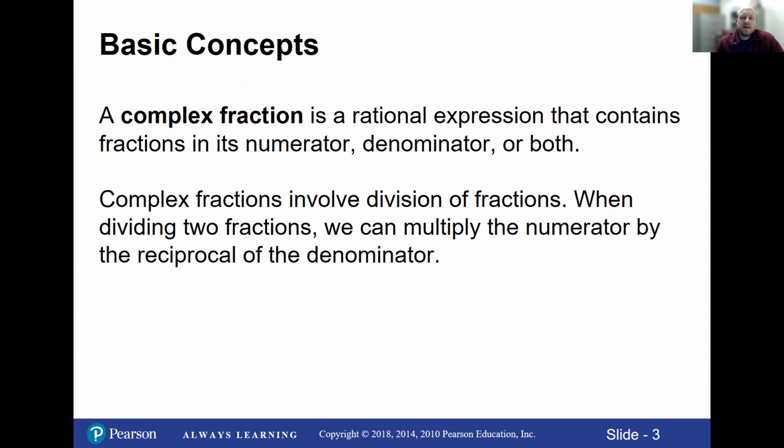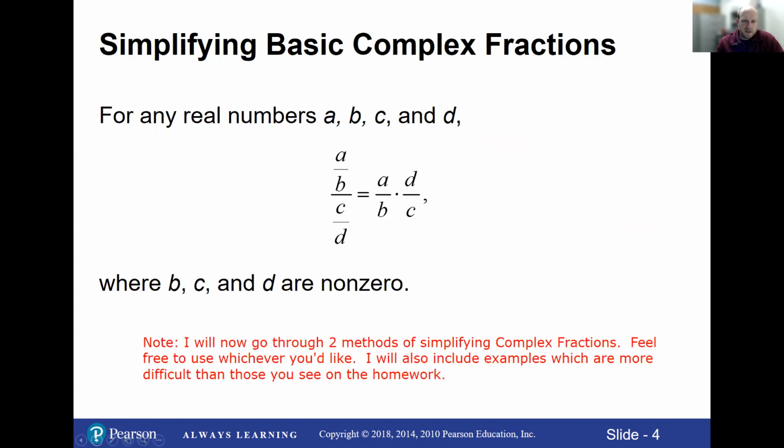And when you divide two fractions, as we also have talked about earlier this chapter, we can multiply one of the fractions by the reciprocal of the other one, basically. So we multiply the numerator, which in this case could contain a fraction, by the reciprocal of the denominator, which also could contain a fraction. So that's a complex fraction.